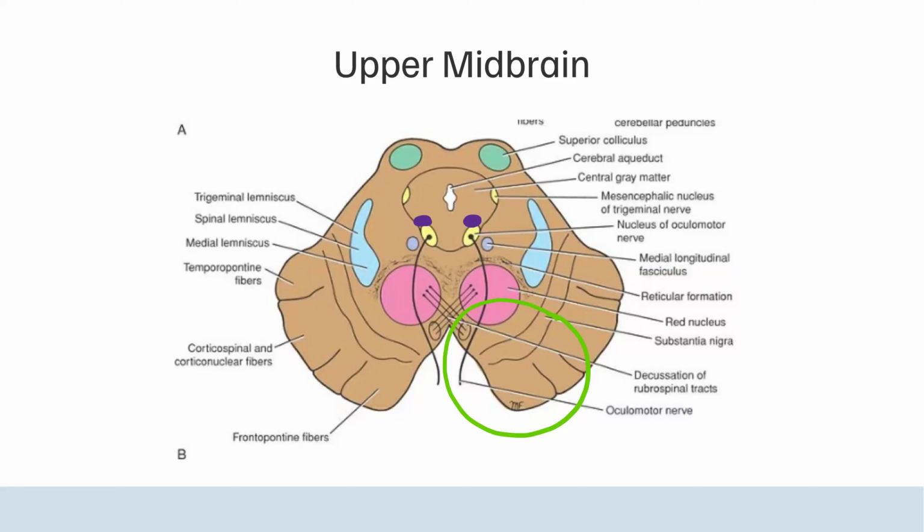Fair enough. So just know that it's motor, okay? That's good enough. Just know that the red nucleus is a motor nucleus, okay? So this is where we have the extrapyramidal tracts, like the rubrospinal tract, okay? So that's why it's called red nucleus, because rubrospinal, red.